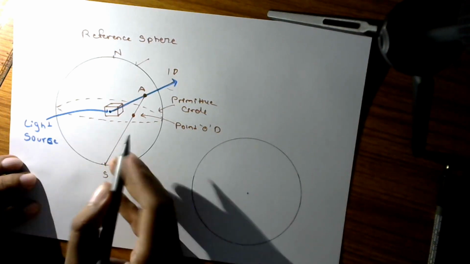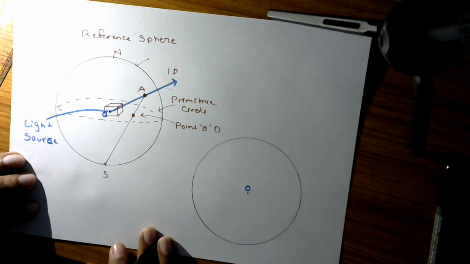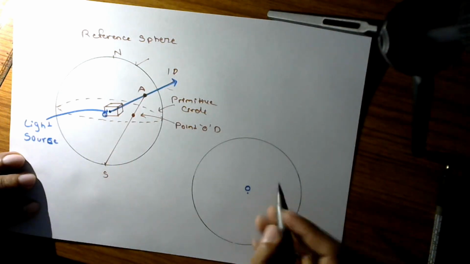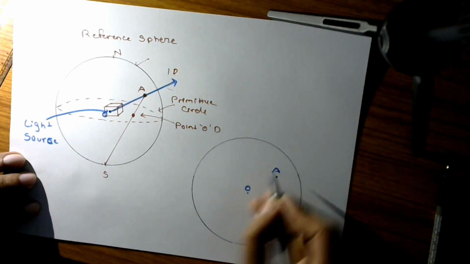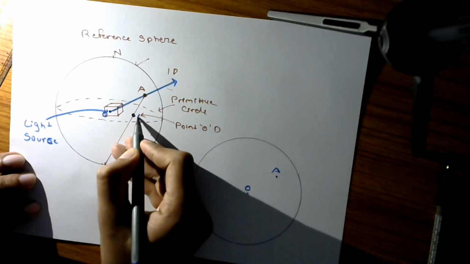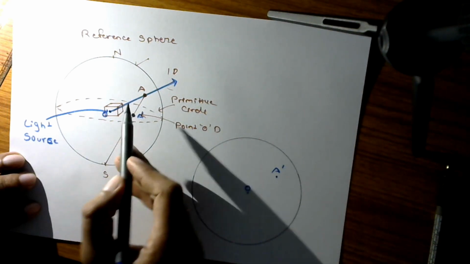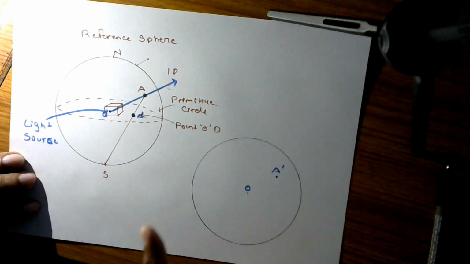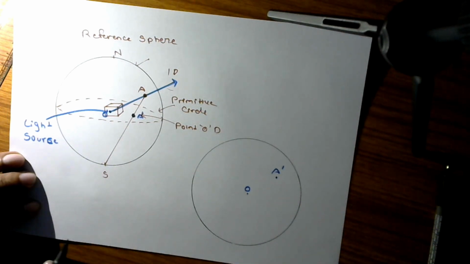Let's say this is center O, and this will also be center O. And we have projected that particular point A, which is going to intersect somewhere over here. Let's say this point is A dash. That's how we have converted the particular direction, and this is our stereographic projection of direction A.